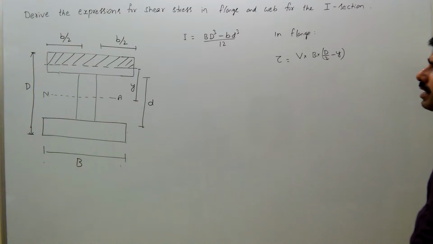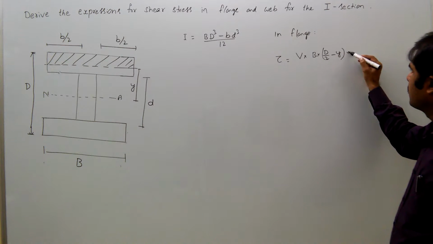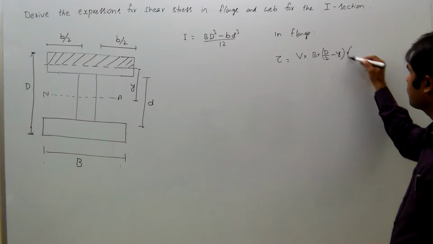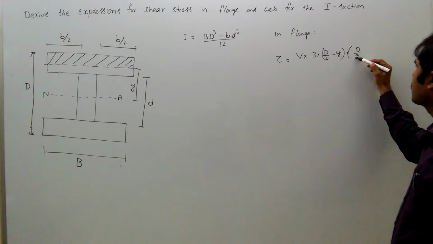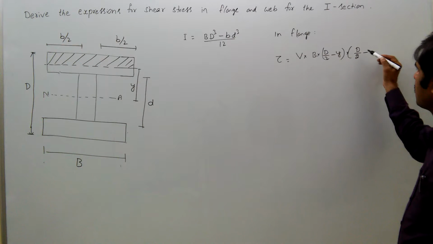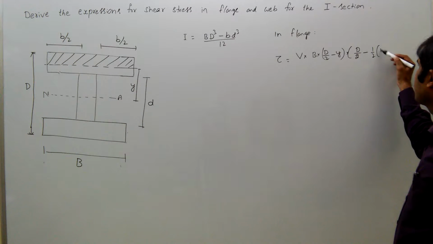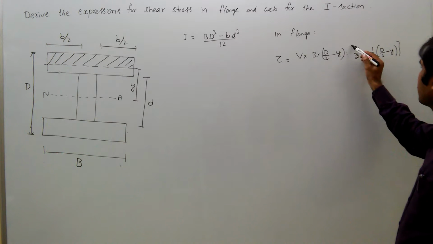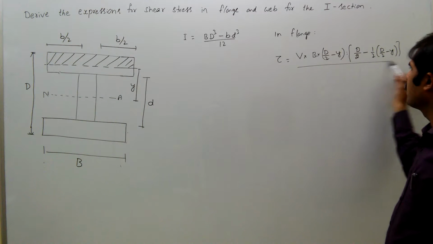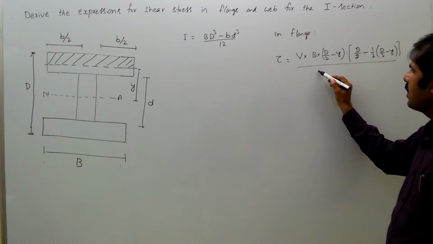D by 2 minus Y is the depth of the hatched zone, and centroidal distance is D by 2 minus half of D by 2 minus Y. This is the Q, VQ by IB.